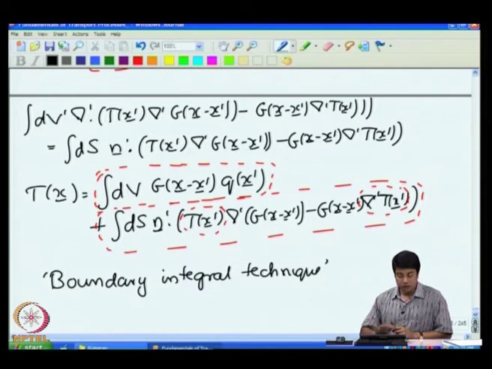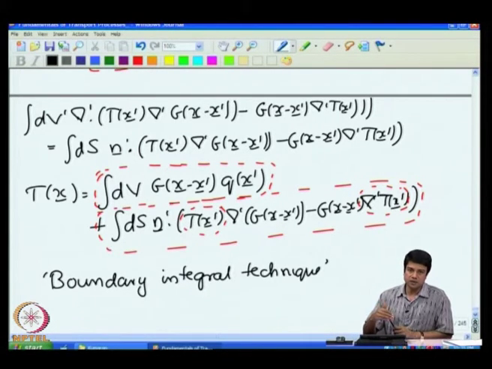So, in this Green's function formulation I have solved del squared G is equal to some delta function. So, the Green's function is basically the inverse of the Laplacian acting on the delta function. And once I know what the Green's function is, I can then get the temperature in terms of that Green's function.